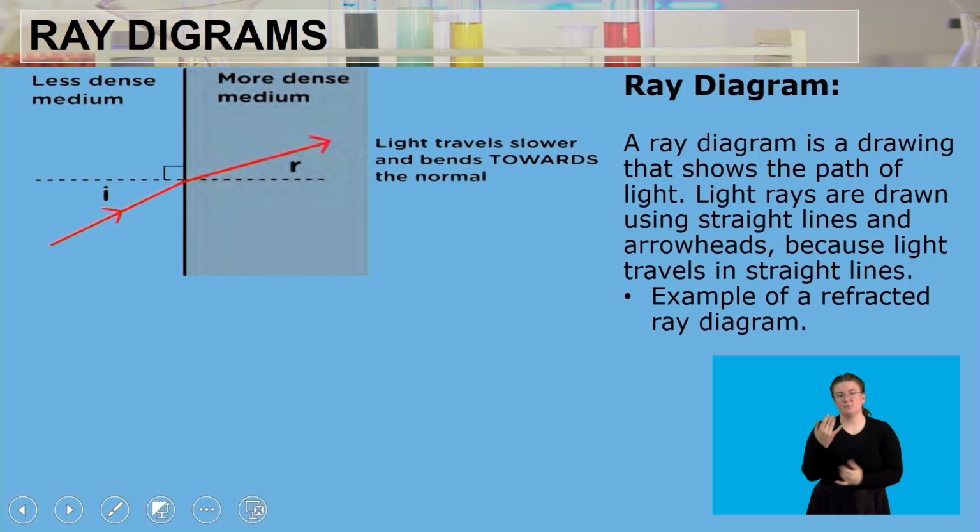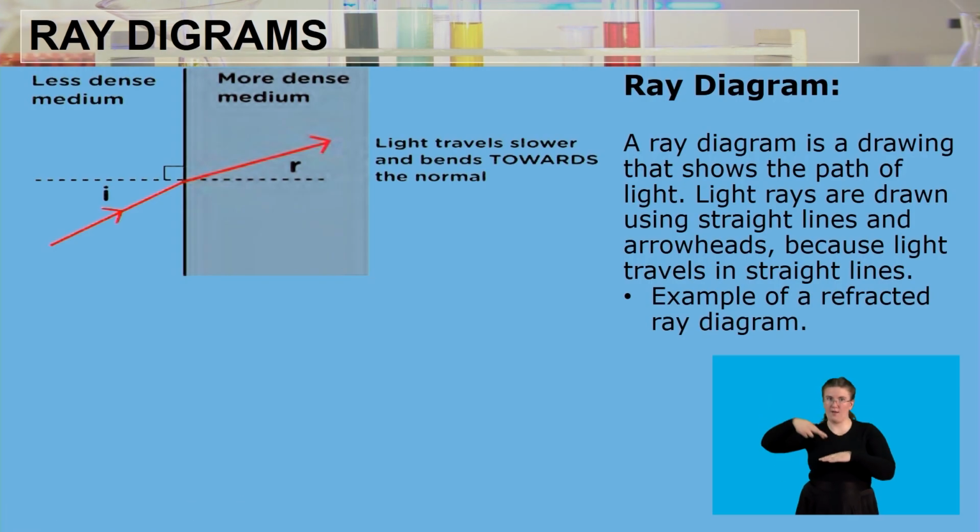So now, all of those can be drawn in a ray diagram, and we do know that a ray diagram is a diagram that shows the path of light. We know that light rays are drawn using straight lines. They need to also have arrowheads. In this case, because light is being refracted, it can either bend towards the normal or bend away from the normal.